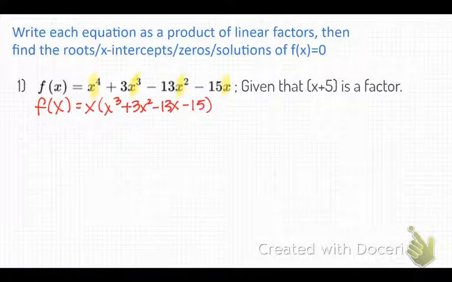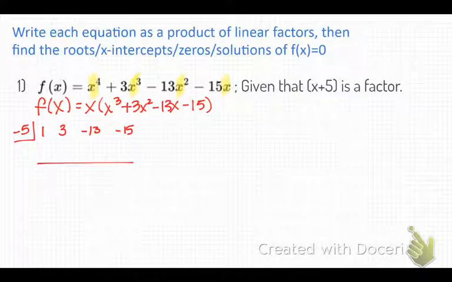okay? Now, this is where Diego said we use synthetic division. I did take out the GCF, so now I can do synthetic division with what was left, okay? But that x is going to be part of my answer. So if I have x plus 5 as a factor, what number goes into the box when I do synthetic division? Negative 5. Good. And then across the top, I have 1, 3, negative 13, and negative 15.